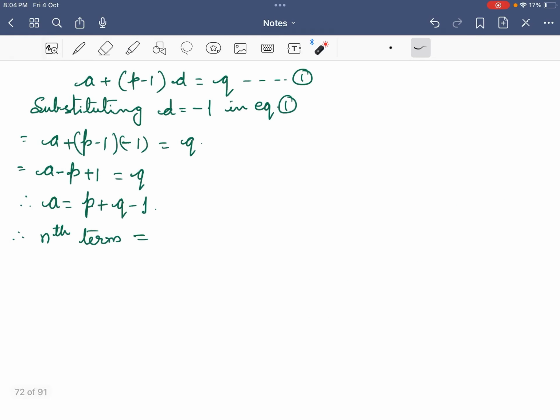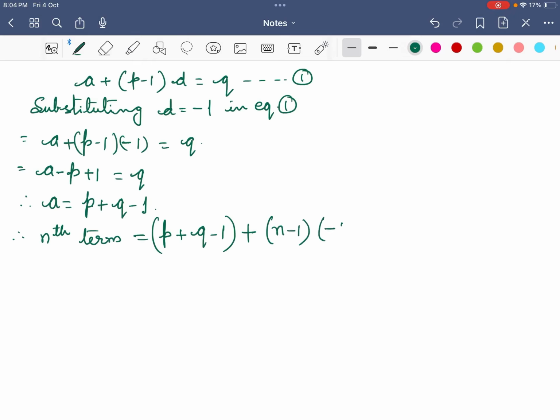Okay, so nth term is equal to, in place of a, now I am writing p plus q minus 1, this is a. And in formula now I need to write n minus 1 into d, and in place of d I can write now minus 1 because we have calculated it, right?